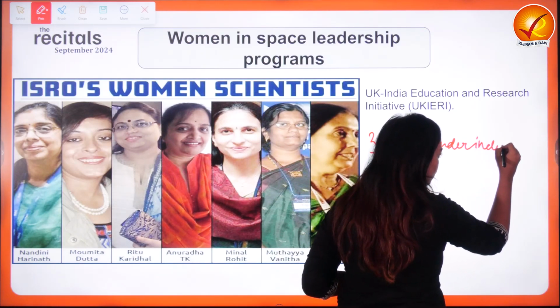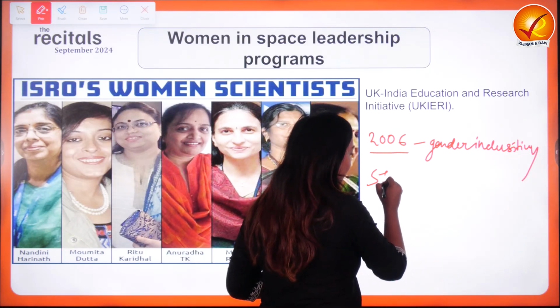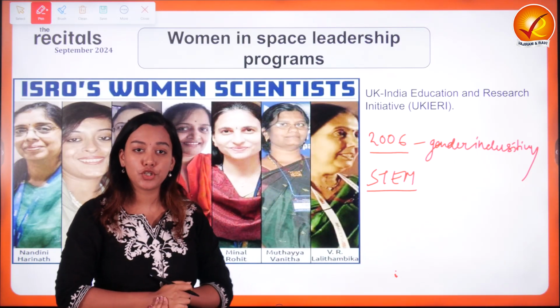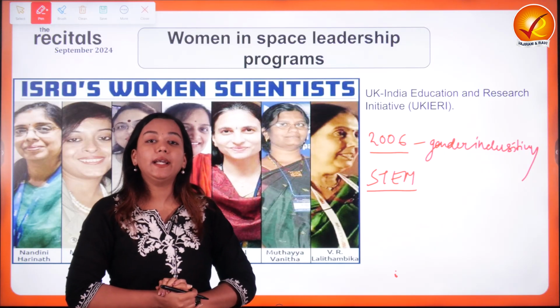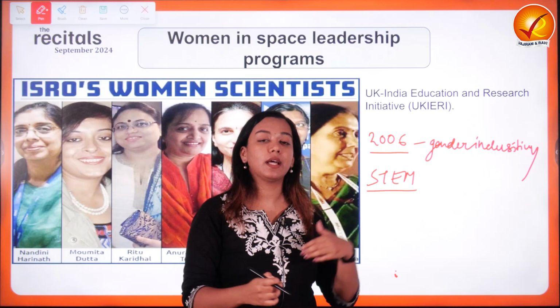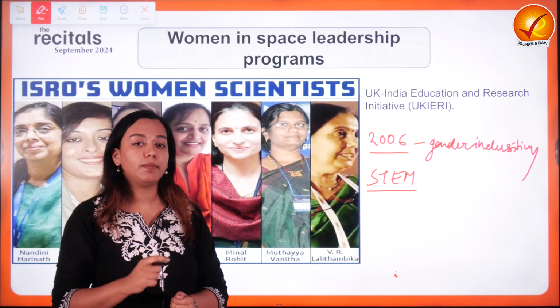Gender inclusivity. So let's say both of them are working in the STEM field, science, technology, engineering and mathematics, and they would ensure that the targeted institutions have more entrants of the female gender and the other genders associated with the LGBTQ community. That is the main agenda.